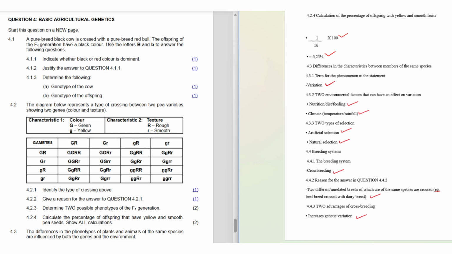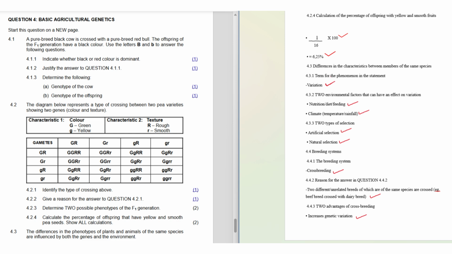If you don't count the number of offspring that are yellow and smooth, you can use your knowledge of 9:3:3:1, and know which is only one, unless they switch up the crossing, I don't know, but most of the time they use this format.